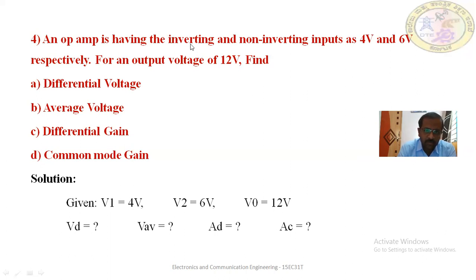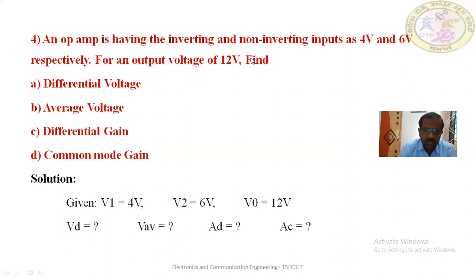So the input for the inverting is equal to 4 volts, and the input for the non-inverting is equal to 6 volts here. And it is for an output voltage of 12 volts. All these are the given values here. So V1 is equal to 4 volts, V2 is equal to 6 volts, and V naught is equal to 12 volts.